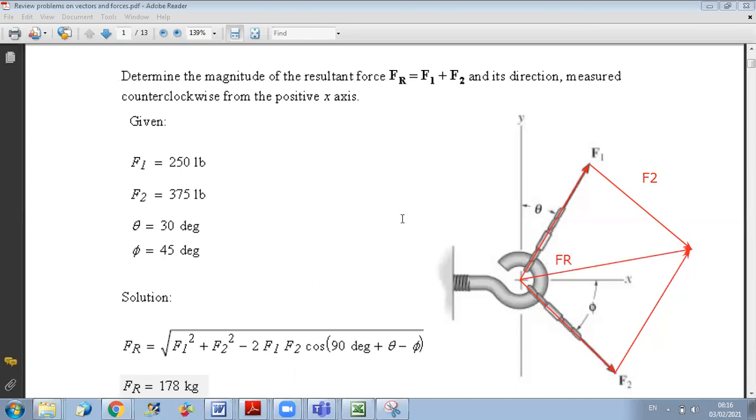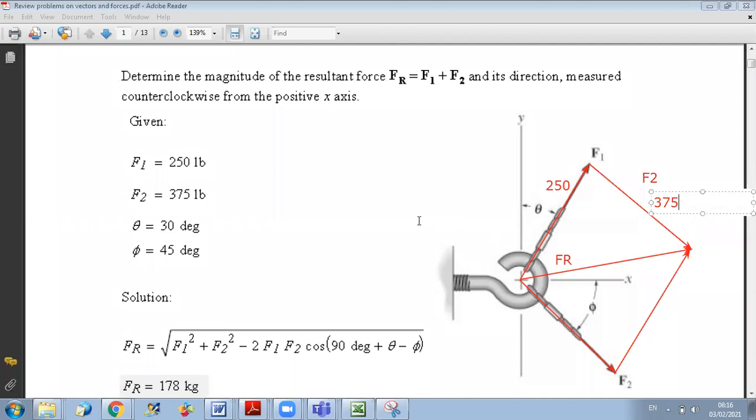Now, in order to find FR by geometry, I need to find angles. What I know until now, I don't know any angle in the triangle. I just know that the magnitude of F1 here is 250, and the magnitude of F2 here is 375.